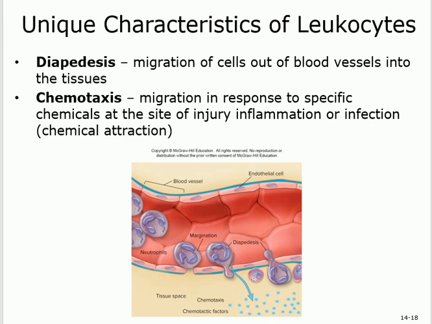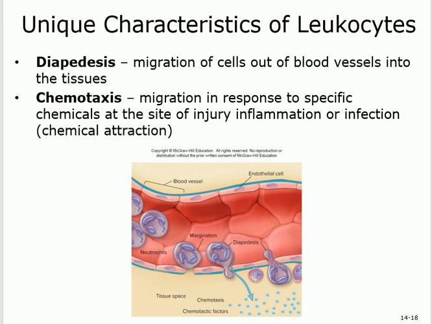The other thing is chemotaxis. Chemo means chemical. Taxis means attraction. So what's the chemotaxis? Chemical attraction. Cut the word into two pieces. Diapedesis, multiple feet. Chemotaxis, chemical attraction. Chemical attraction to what?